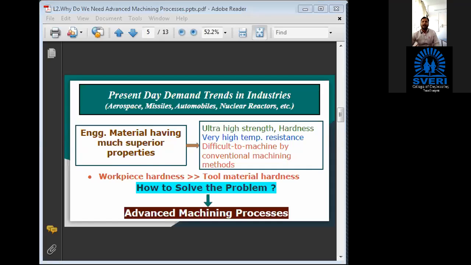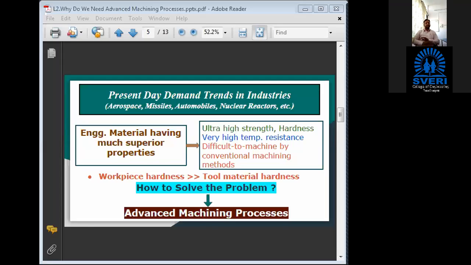Why do we need the advanced machining? Because while using this advanced machining or non-conventional machining process, there is no barrier, there is no limitation about hardness. While using advanced machining processes, hardness does not remain a barrier for machining of any type.